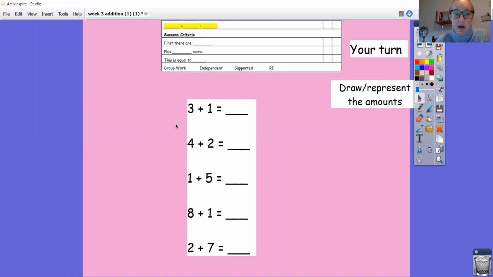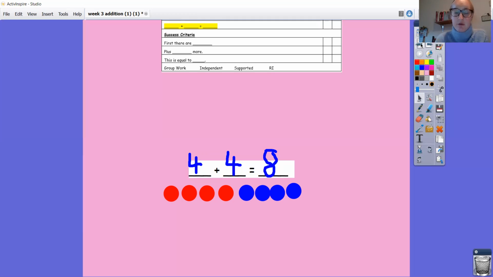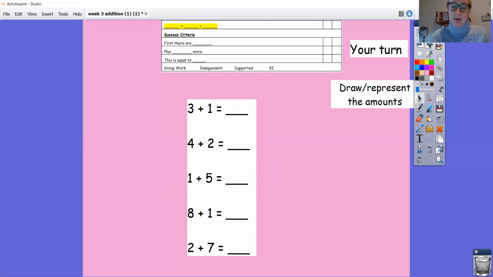So first there are how many, plus how many more, and this is equal to what amount. Okay, so just like I've done here, I've drawn my counters underneath. I want you to have a go to represent these amounts. So I'm going to give you some time to do that for me now, please, on your pieces of paper.